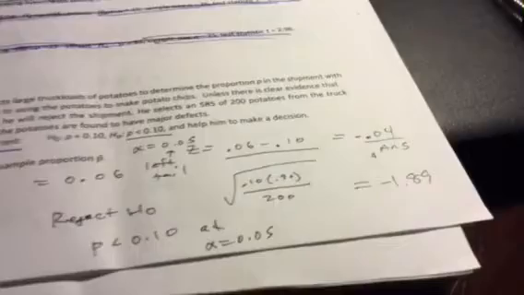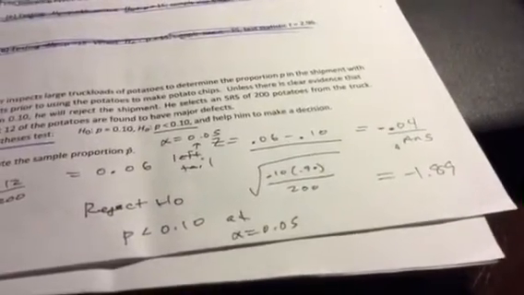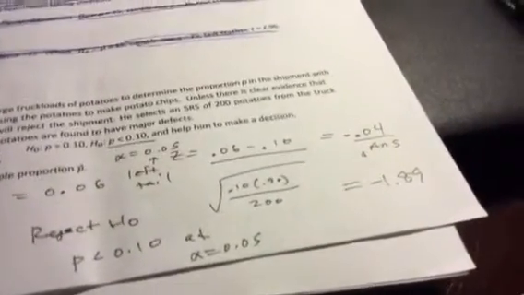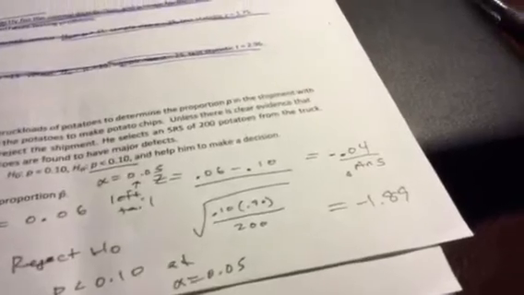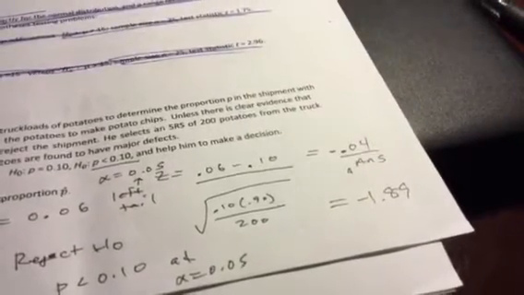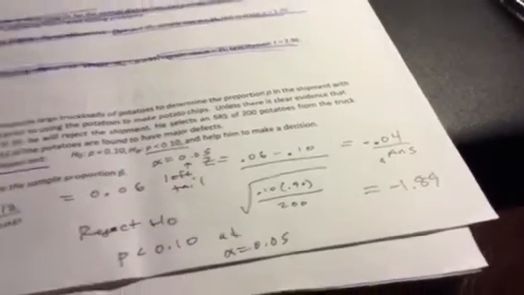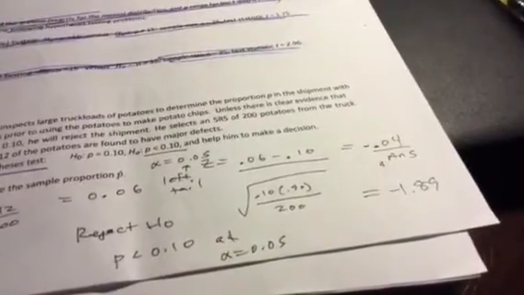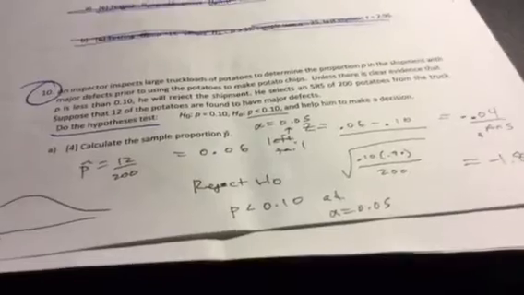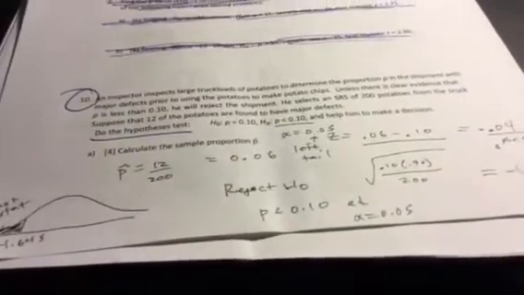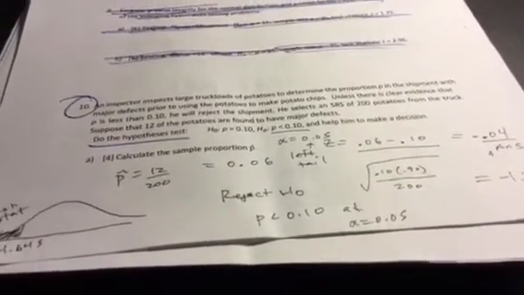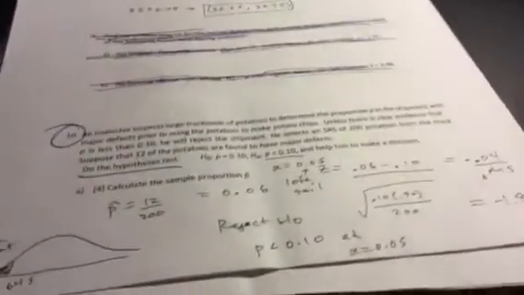If alpha was 0.01, you would actually not reject that, but it's 0.05. So at alpha 0.05, we can say that the population proportion is less than 10%.